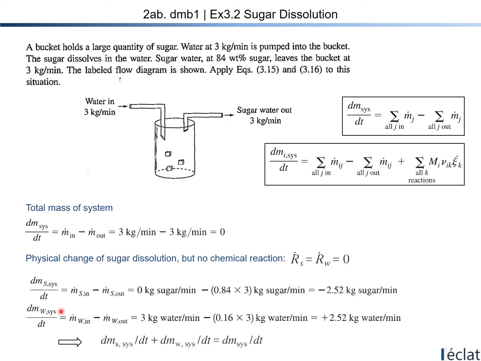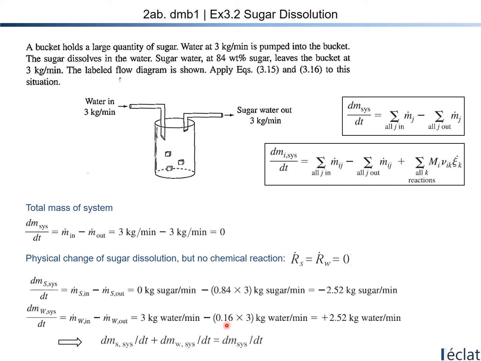Let me go to the other component mass balance equation. dm_W/dt, where W stands for water, is equal to input minus output. So 3 kilograms of water per minute is introduced into the system, and the total value of the output stream was 3 kilograms per minute, and 16% is occupied by water in the output stream.